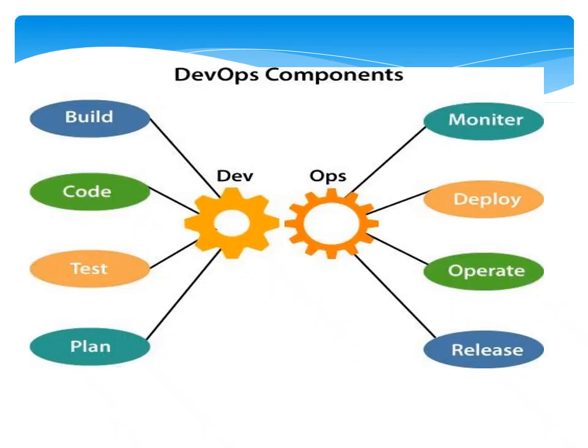In the DevOps components, in the development we have planning, testing, coding, and building. And in the operation process, it starts working with release, operate, deploy, and monitor.